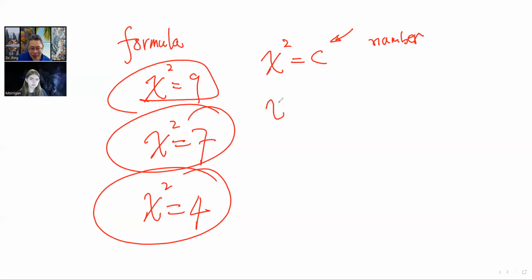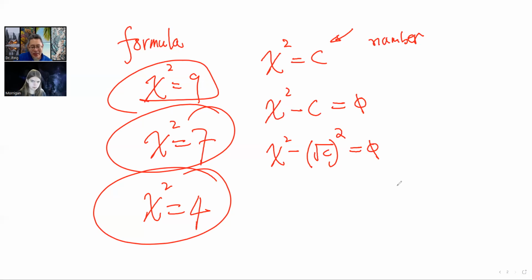Good? Okay. And what we see is something like this. We can rewrite it as x squared minus c equals 0, right? And now we're going to rewrite this because this is x squared minus square root of c squared, right?